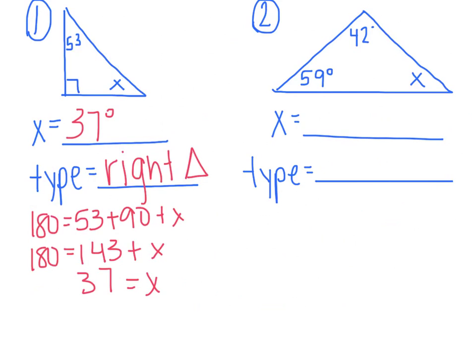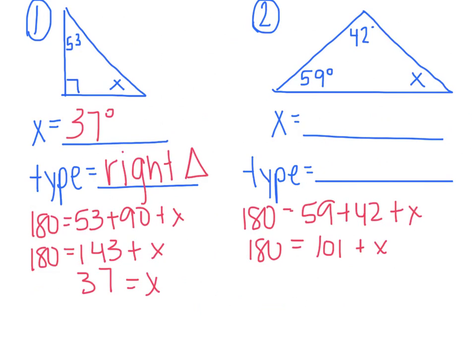Make sure you're putting that degree mark up there as well. So we have 180 equals 59 plus 42 plus x. 59 plus 42 is 101. So 180 minus 101 is 79 degrees. If we look, all of these are less than 90 degrees, which means this is going to be an acute triangle.